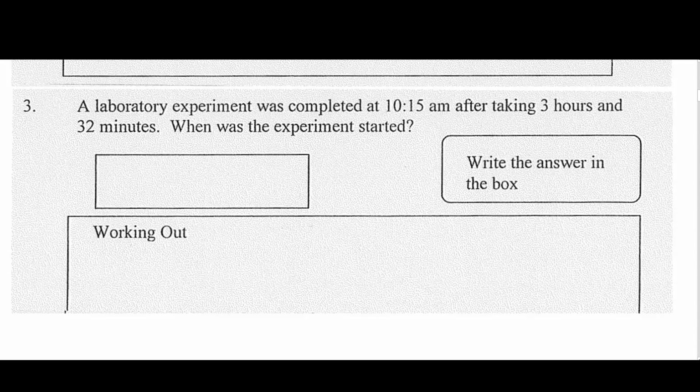Number 3. A laboratory experiment was completed at 10:15 a.m. after taking 3 hours and 32 minutes. When was the experiment started? So he's finished at 10:15 a.m. After taking 3 hours and 32 minutes.